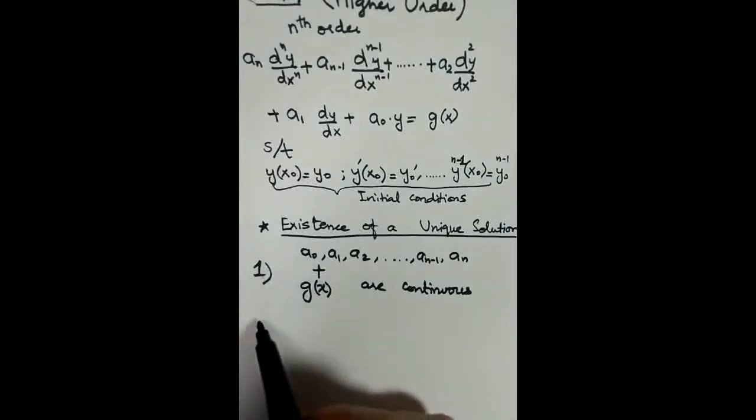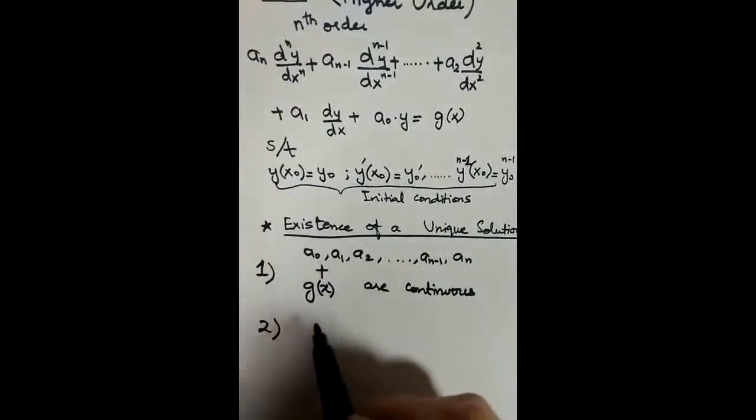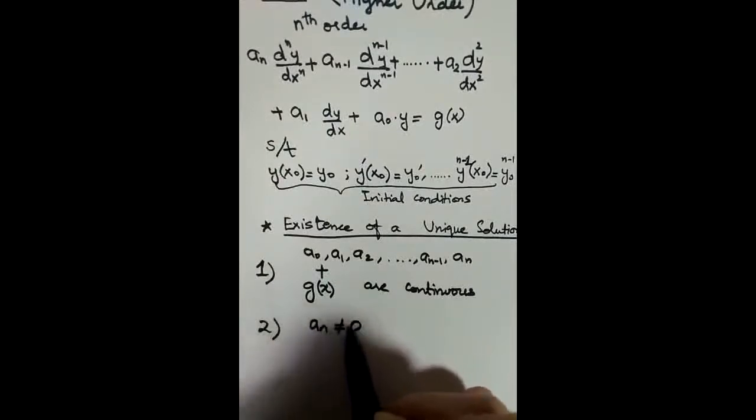The second condition is to check the leading coefficient. If it is an nth order differential equation, the leading coefficient is the coefficient multiplied by the highest derivative. The highest derivative here is n, so an is the leading coefficient, and an should not be equal to 0.